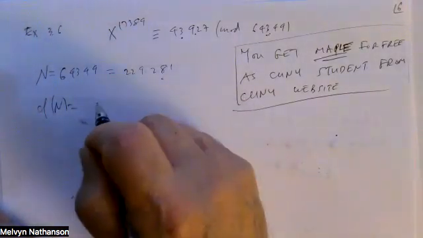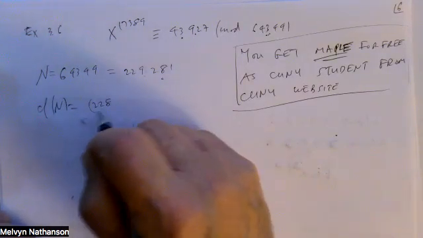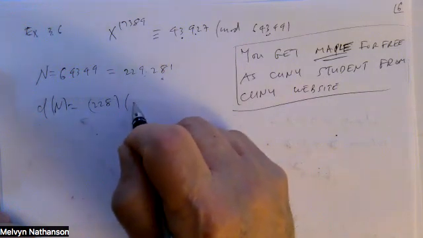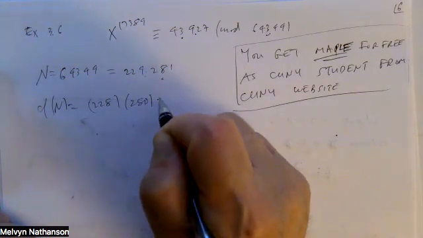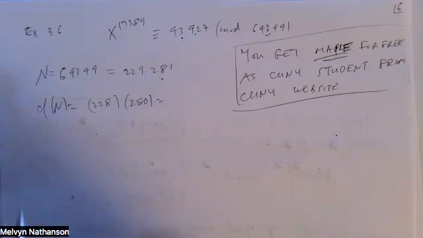Phi of n is 229 minus 1, 228, times 281 minus 1, 280, which is equal to what? 228 times 280 is 63,840.